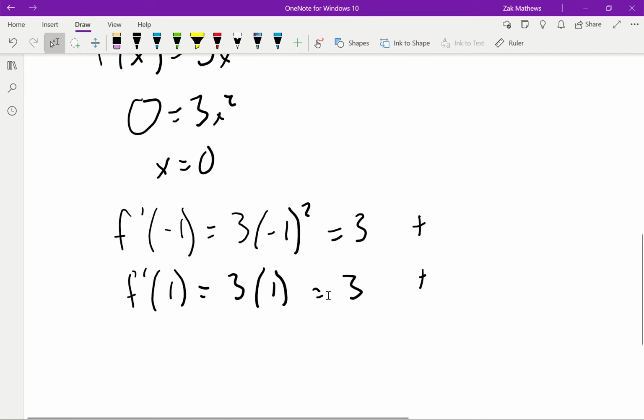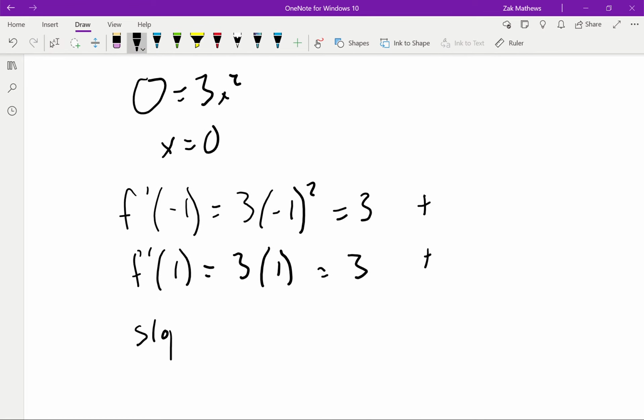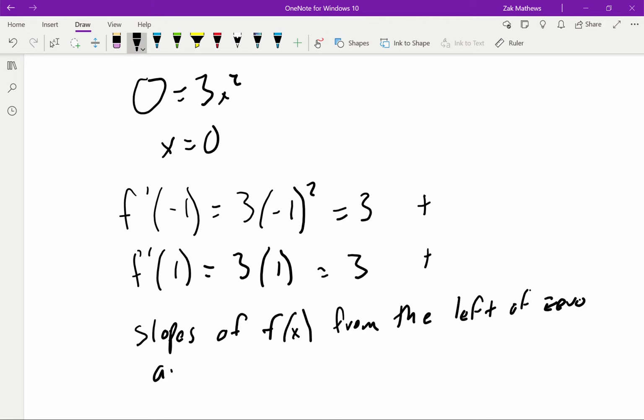So that tells us that the slopes of f of x from the left of 0 are positive, as are the slopes from the right. I shouldn't say the slopes are increasing, let me rephrase: the graph of f of x is increasing because the slopes are positive, not that they're increasing, they are positive.